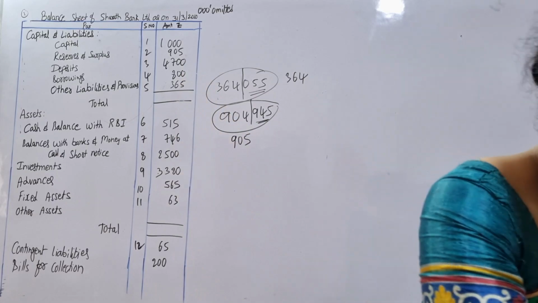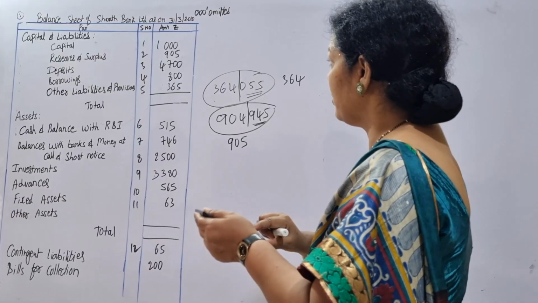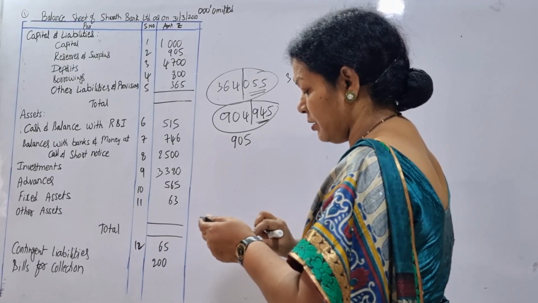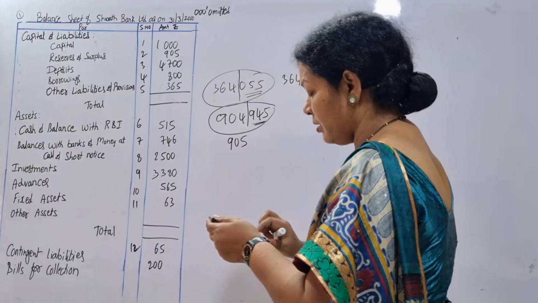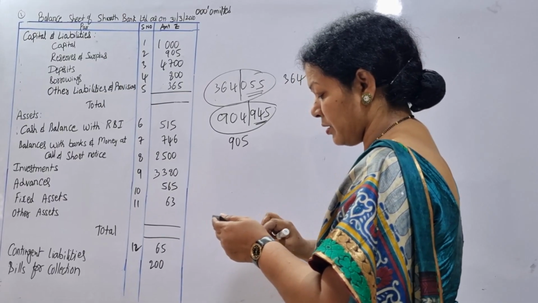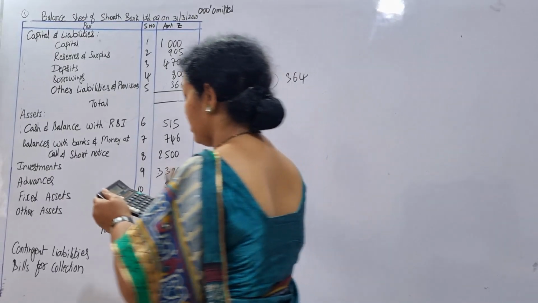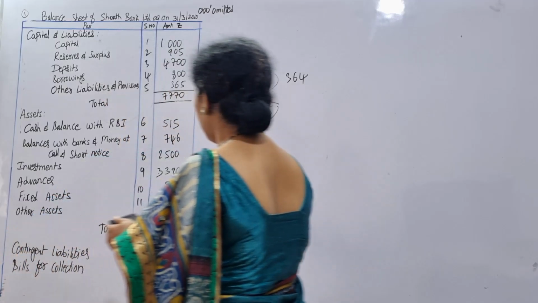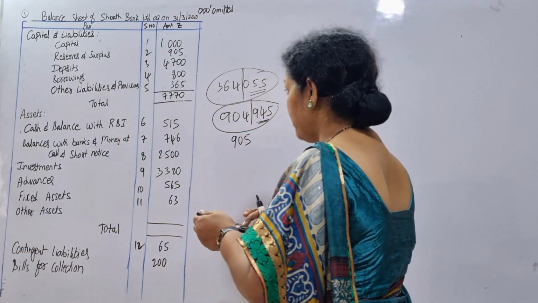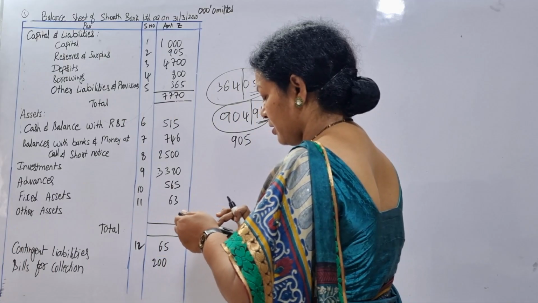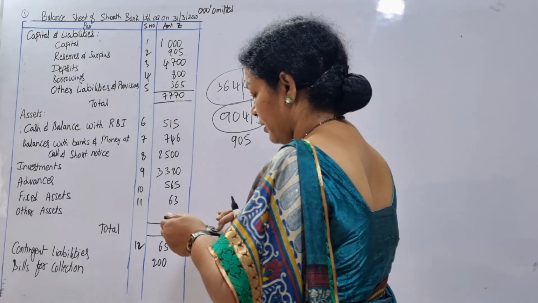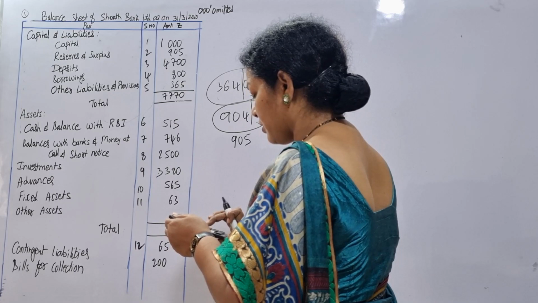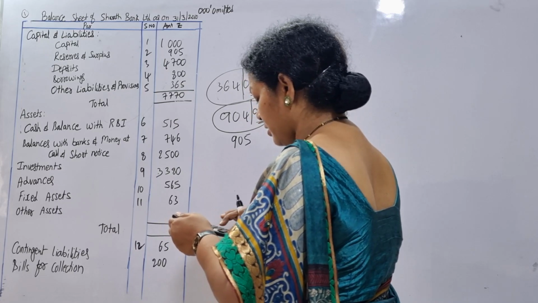That's all. So we'll total up this one. 1000 means 1905 plus 4700 plus 800 plus 365, 7770. Here also we'll see 515, 746, 2500, 3380, 565, 63.